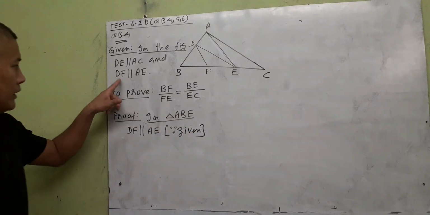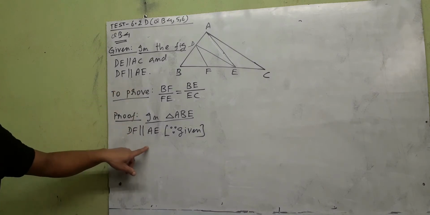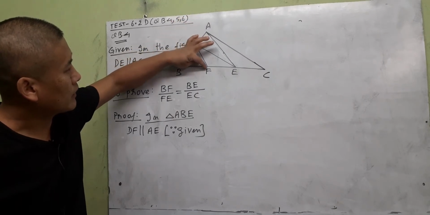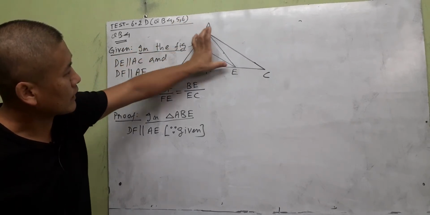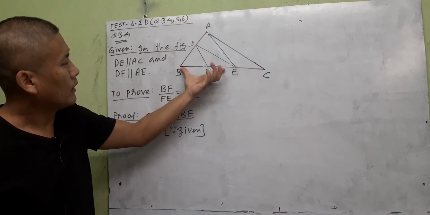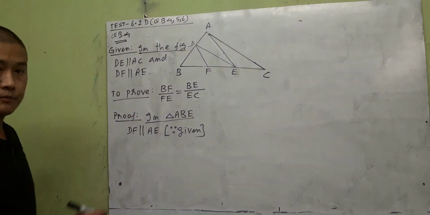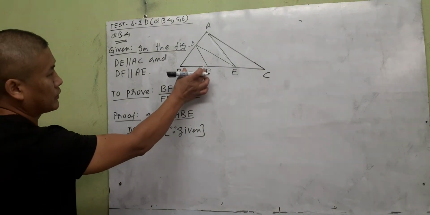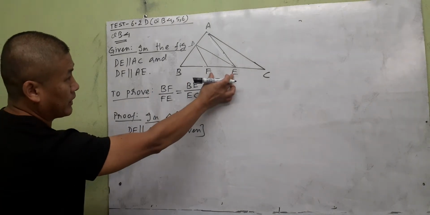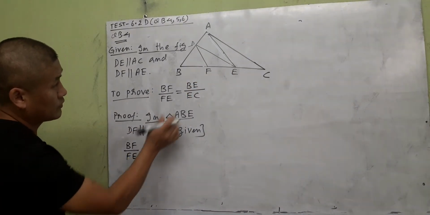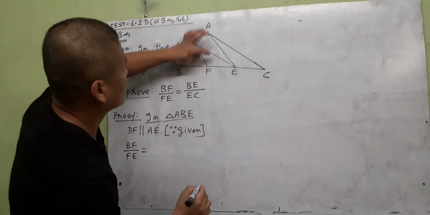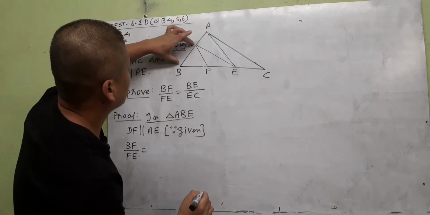We know that in triangle ABE, if a line is parallel to one side of the triangle, AE, it will divide the other two sides AB and BE in the same ratio, by the basic proportionality theorem. So BF by FE, this portion by this portion, is equal to the corresponding ratio on this side also.